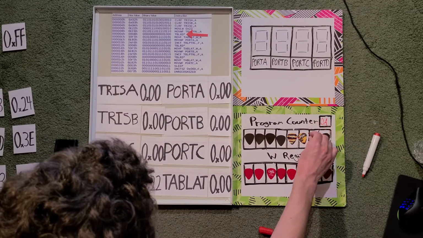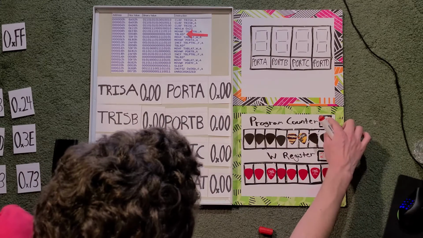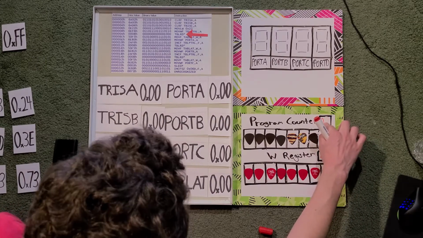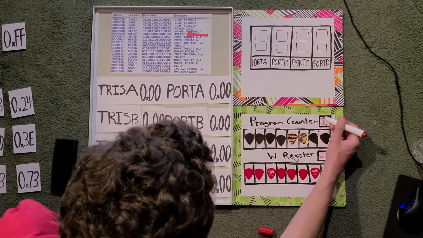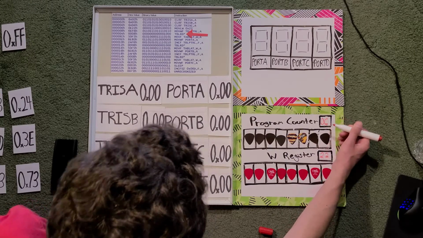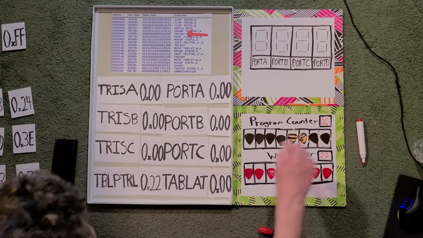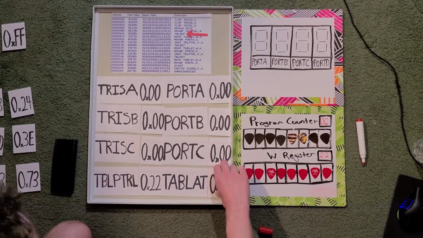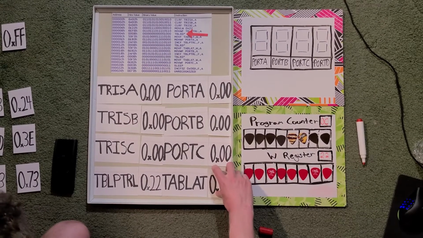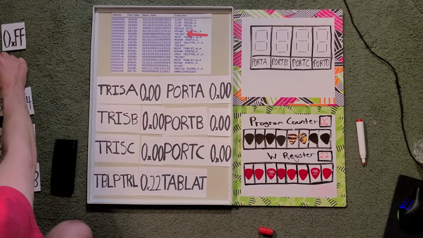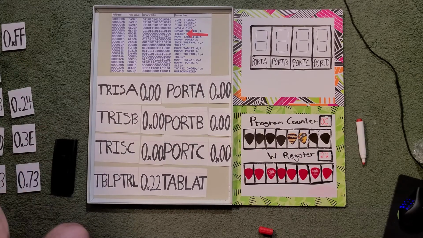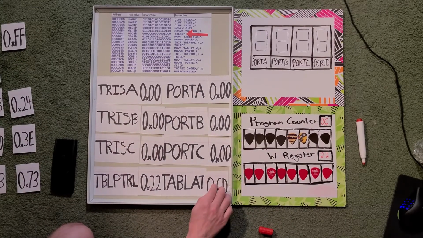That goes from A to C because it increases by 2 every time. Now that we've done that, let's take TABLAT and put 6D in that spot there.